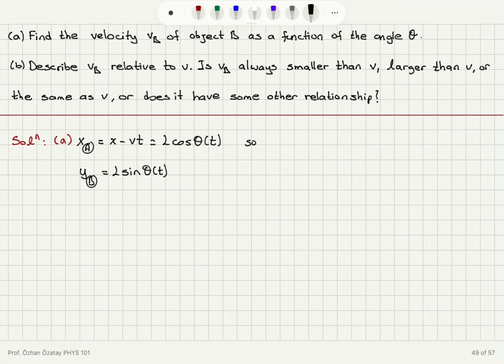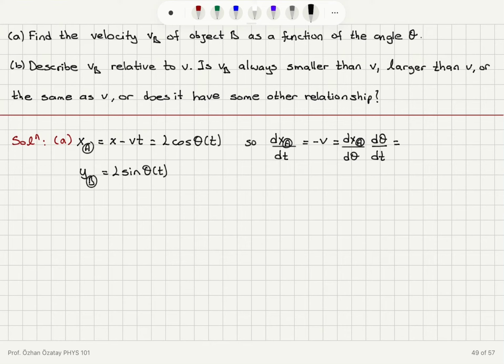So if I look at the rate of change of position of A with respect to time, dxA/dt, it is, as you can see here, minus v, because it's moving in the minus i hat direction. And it is also a function of angle, and angle is a function of time. So I can also write this as dxA/dt equals dxA/d theta times d theta/dt.